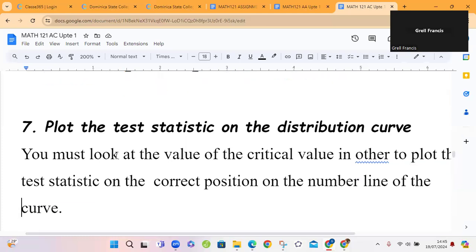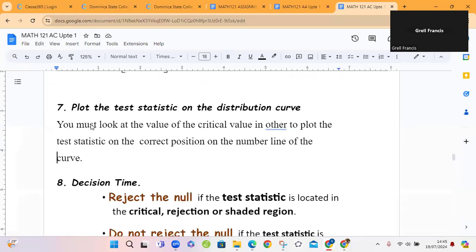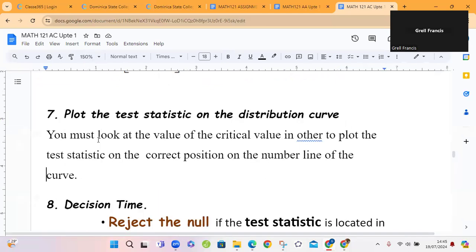Now, the chi-square test statistic has to be plotted on the distribution curve. Remember, the distribution curve has the critical value already on the critical point. So you must look at the value of the critical value in order to plot the test statistic on the correct position on the number line of the curve.